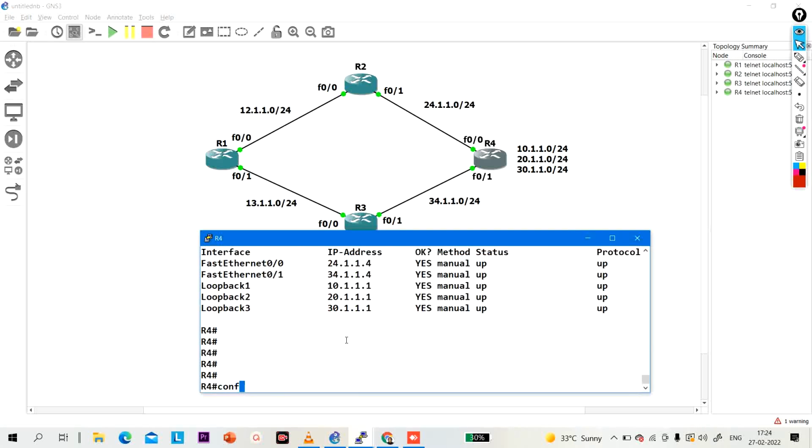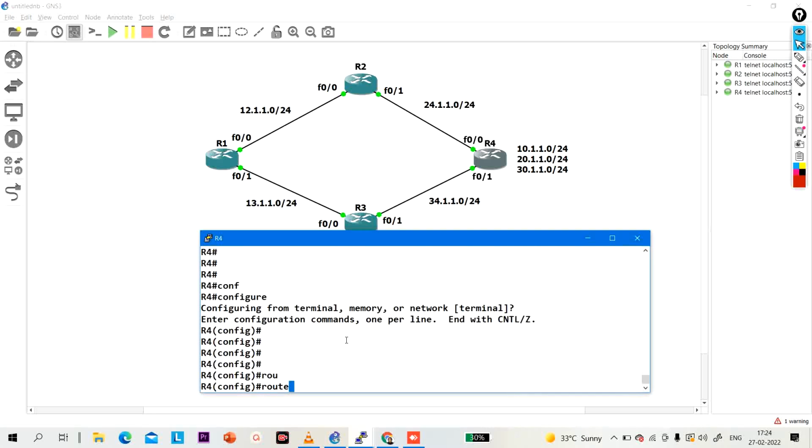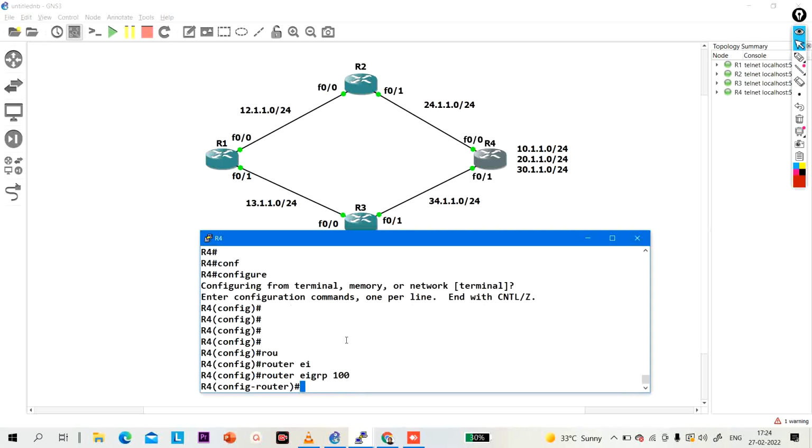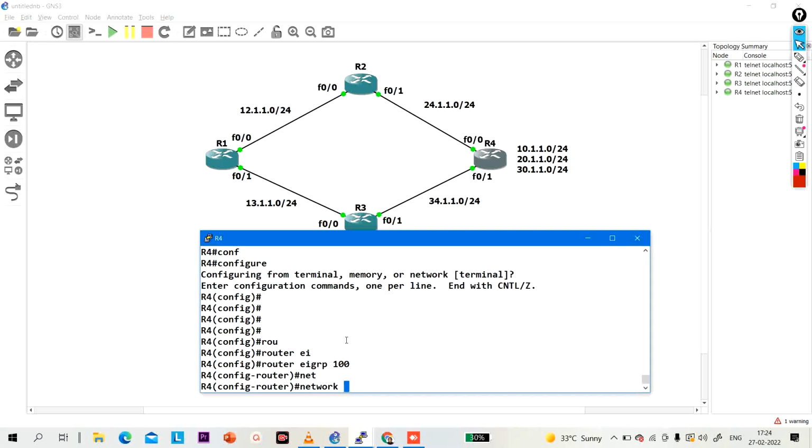So I start from R4. Router EIGRP 100, suppose I am using AS 100. After that, network 0.0.0.0 with wildcard mask 255.255.255.255, because I want to advertise all active interfaces in EIGRP.